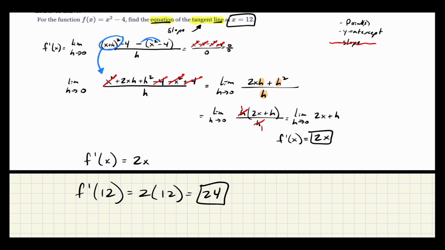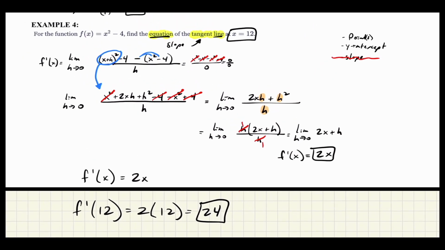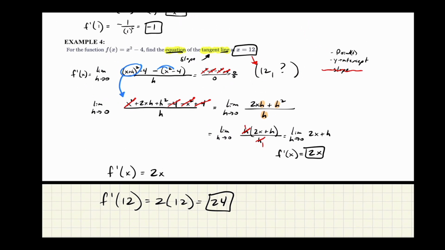I know half of it already because x is 12. I got to find the y. How do I find the y coordinate when x is 12 for f of x? Just plug it into f of x, right?